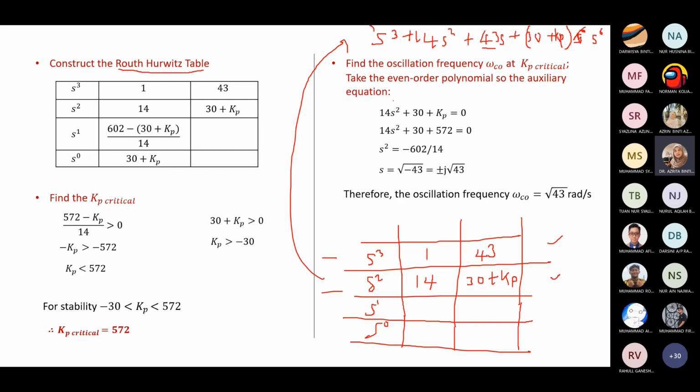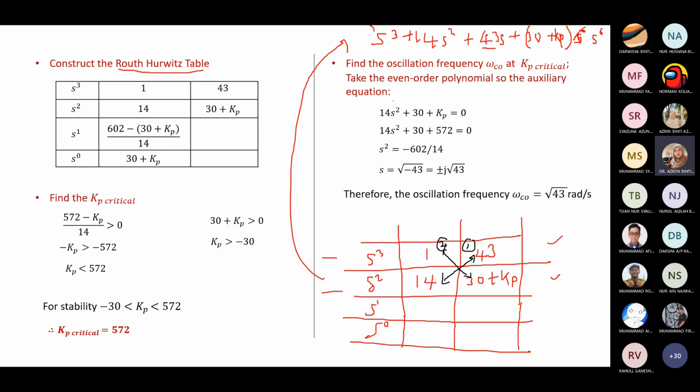If you remember how to calculate, we take it like this. We multiply this one first, 14 multiply with 43, and then minus, and then we multiply this one, 1 times 30 plus KP.